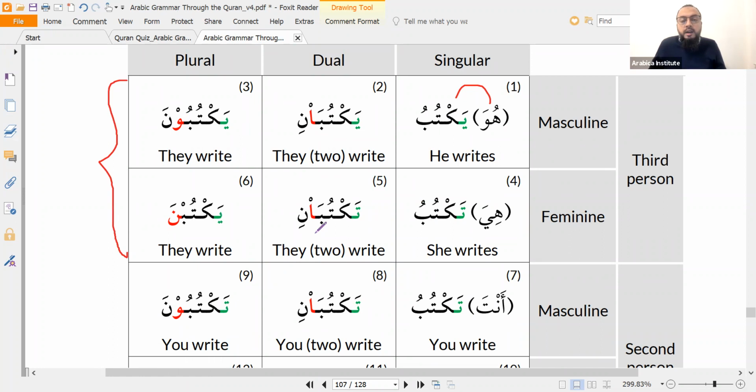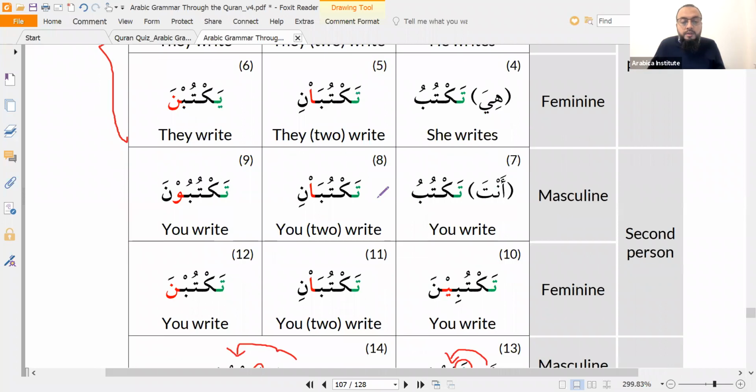If I say I am writing, you can't have a noun for that because I'm doing it. If you want a noun, you'd say the man is writing. You've gone to third person. If I say you are writing, I can't say you, the man, are writing. It doesn't make sense. So the sentences where you're going to get a subject being a noun separate to the verb are only third person verb sentences.